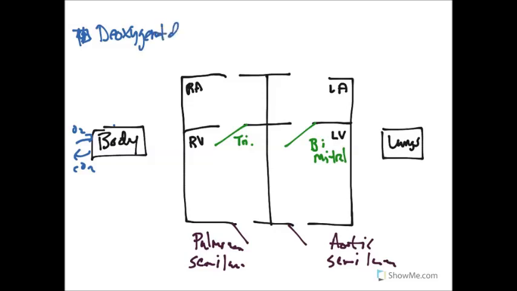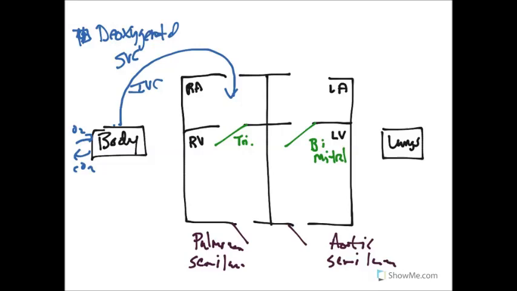Because it has consumed oxygen. And the blood flow that brings us to our right atrium is done so via the superior vena cava and the inferior vena cava, the two veins that will bring blood to the right atrium.